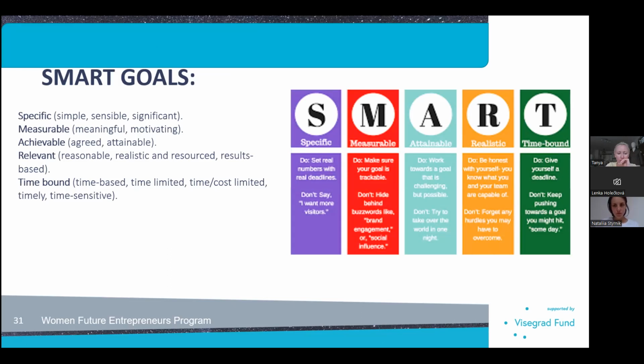In fact, it is not very motivating to have unrealistic goals because we need to reach them, and also time-based, time-limited, because it's also very important to think about our future plans, our time, for instance, a 1 year business prognosis or 1 year business plan or 3 years.